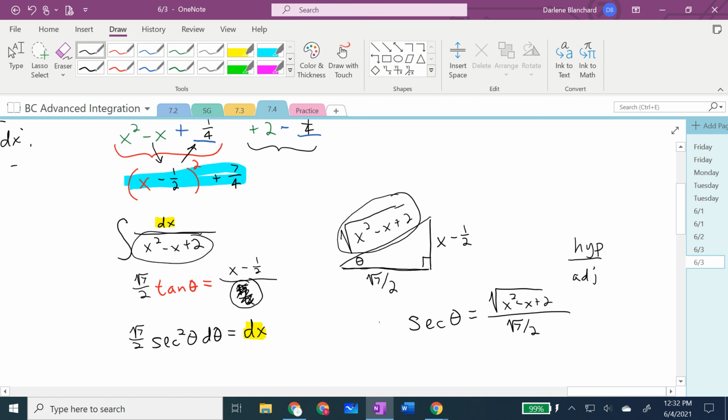Now I'm going to multiply that root 7 over 2, and then I'm going to square both sides. And now I can say that this denominator is equal to all of that.